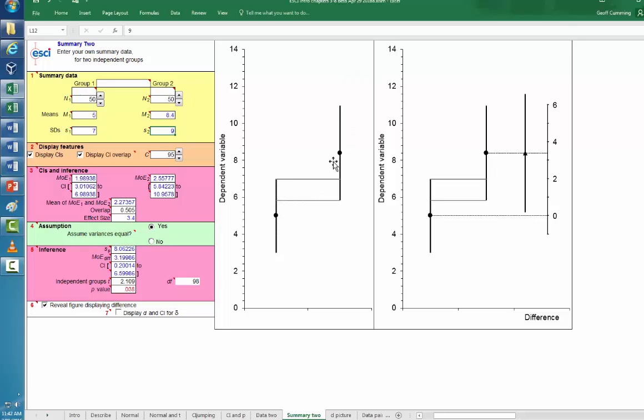So the only bits of these cat's eye figures that are overlapping are the relatively thin bits, and the big bulgy areas are a little bit separate. So perhaps it's not too surprising that this amount of overlap of confidence intervals still gives a little bit of evidence of difference. So this is the overlap rule for 95% confidence intervals for independent groups.